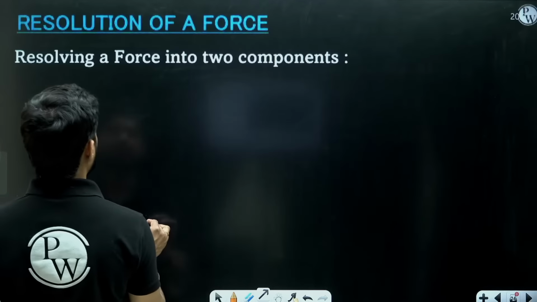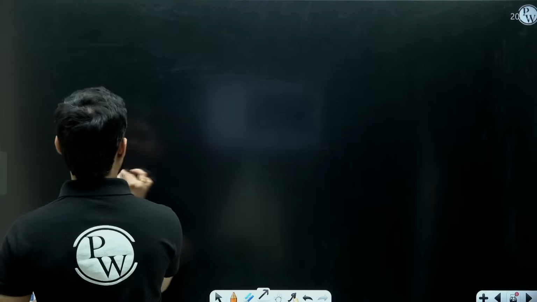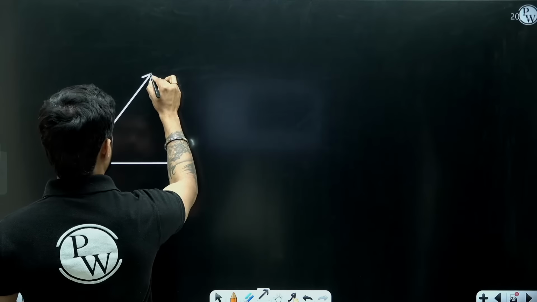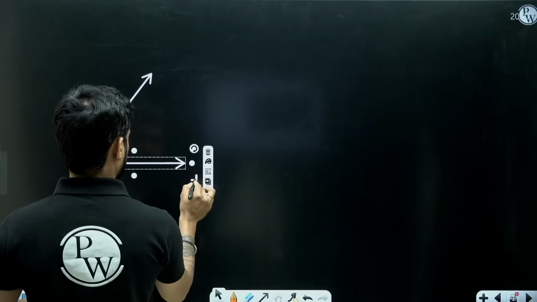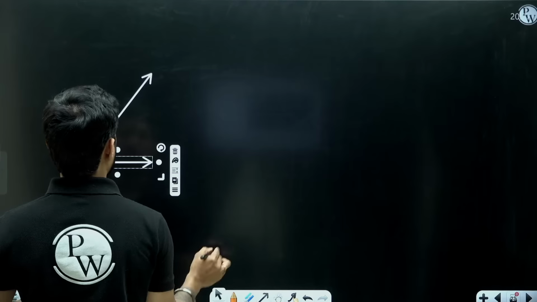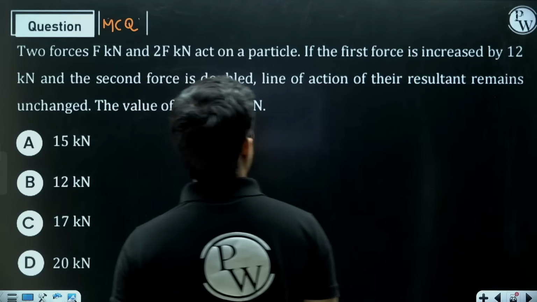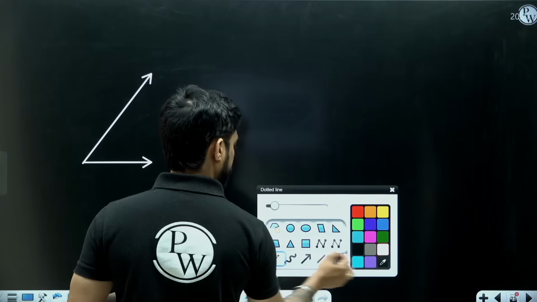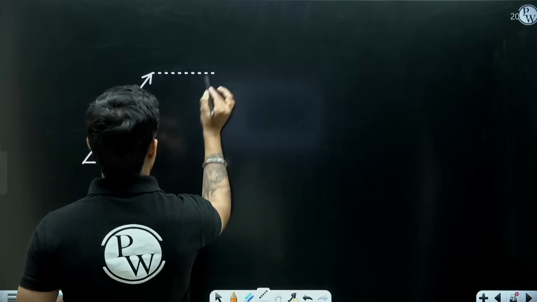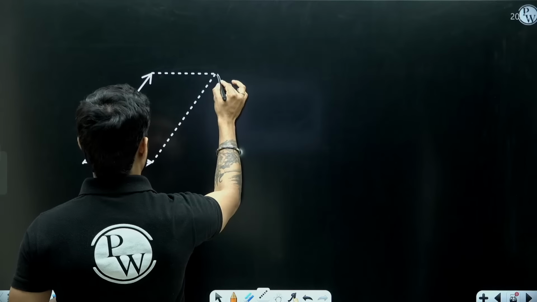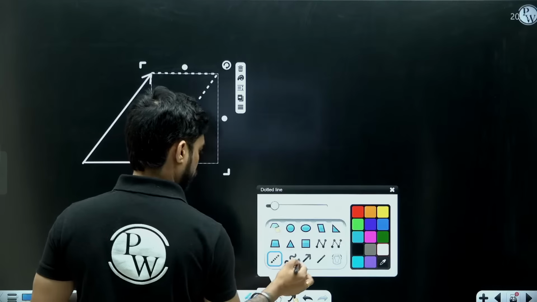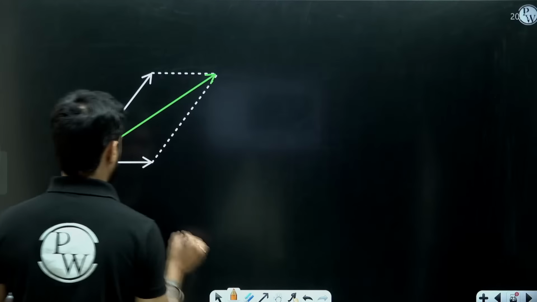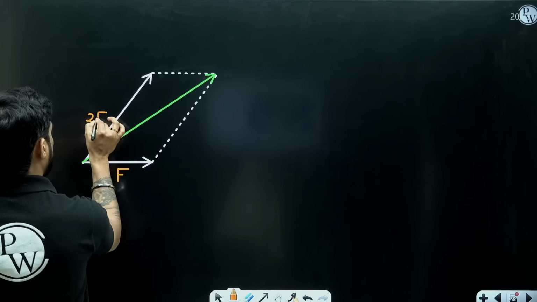So let's say that we have two forces, one is F and another is 2F, and they are acting at some angle. Now their resultant is this. This is F, this is 2F.